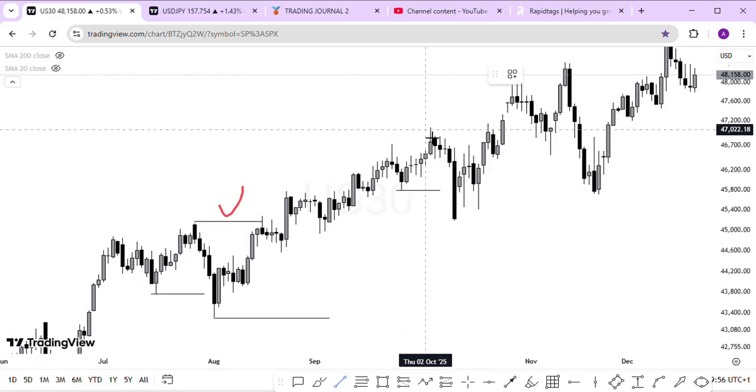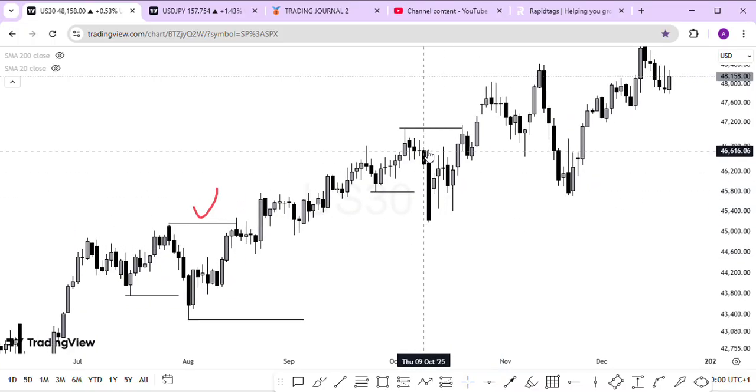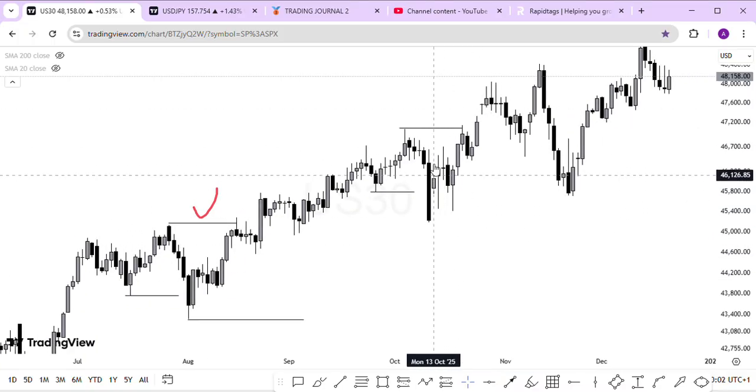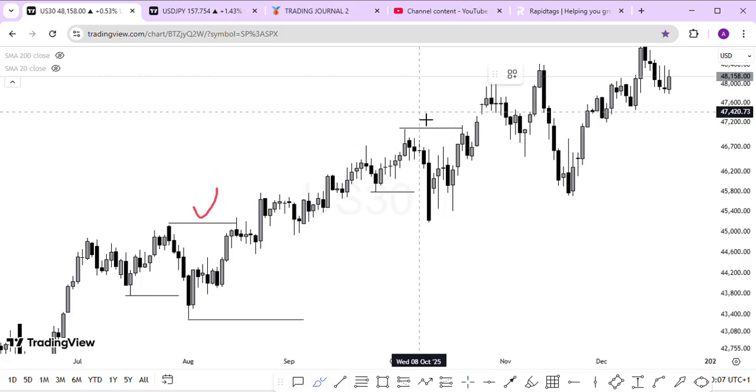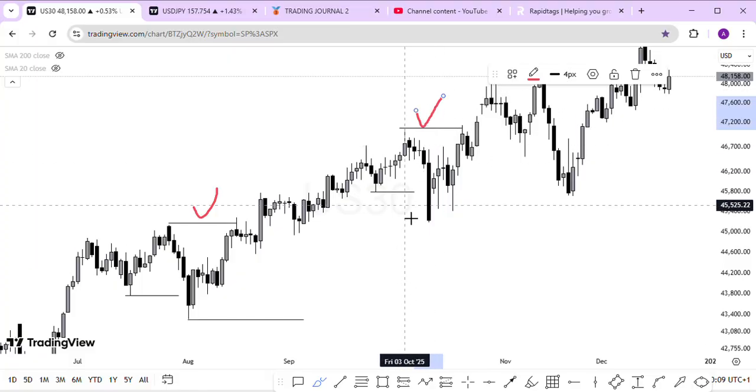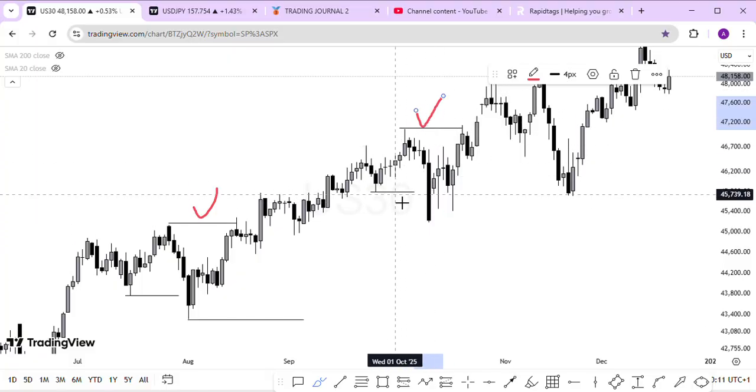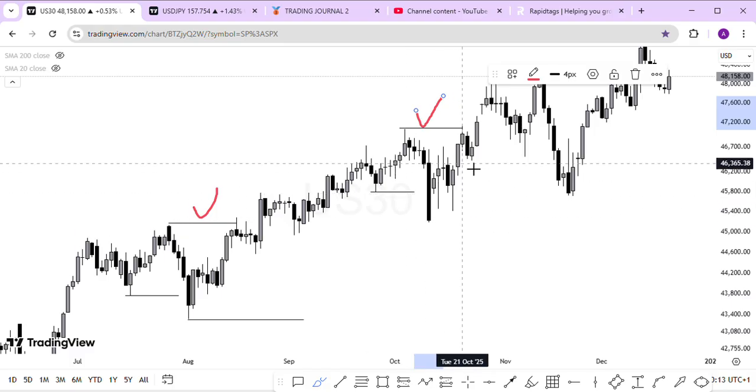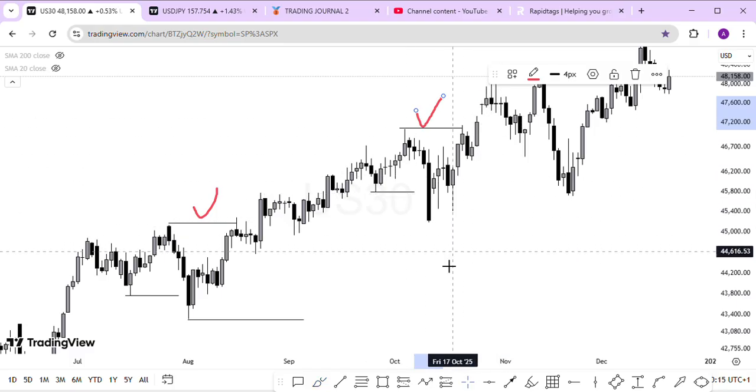So now, until the market pulls back and breaks above this high, that's where we can have a complete structure. You can see the market come back for this liquidity, then push up, and we have a complete structure.